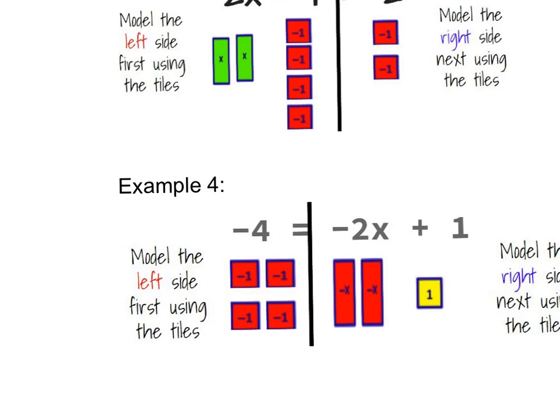So we have two x's, and they are -x, and then 1 positive. All right, so these are examples of models that represent equations. We are going to go ahead and go to guided practice, where you are going to draw models to represent equations and write equations to represent the model.